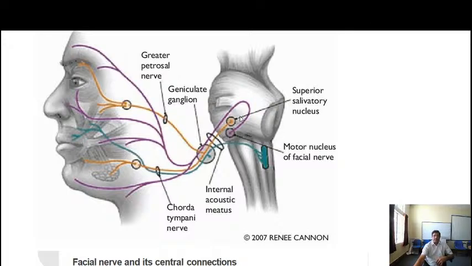Then the superior salivatory nucleus comes down through the internal acoustic meatus, and from the geniculate ganglion one branch is deviated to the lacrimal apparatus, and the second one travels along and goes to the submandibular and sublingual glands. We'll try to trace them later. And then these are the connections of these nuclei.